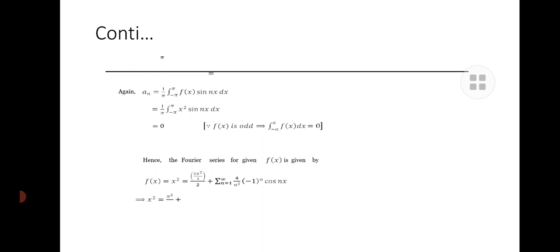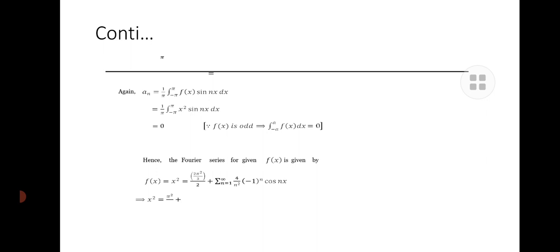The first term, pi square divided by 3, we take to the left side, so it will be pi square minus pi square divided by 3 equals 4 times summation n equals 1 to infinity minus 1 to the power of n into minus 1 to the power of n, because cos pi value is minus 1 and cos n pi means minus 1 to the power of n.